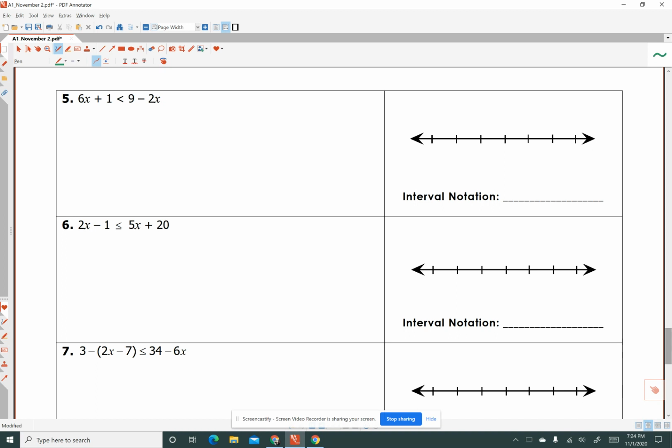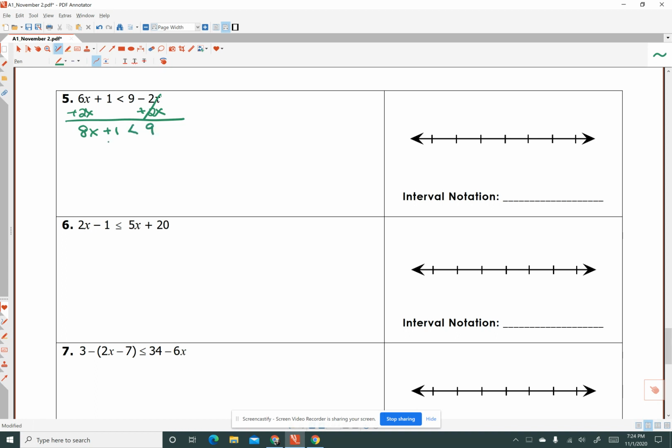Okay, we don't have to distribute this time, but we do have variables on both sides of the inequality. So I think what I will do is add 2x to each side and move the x's to the left, which will give me 8x plus 1 is less than 9.